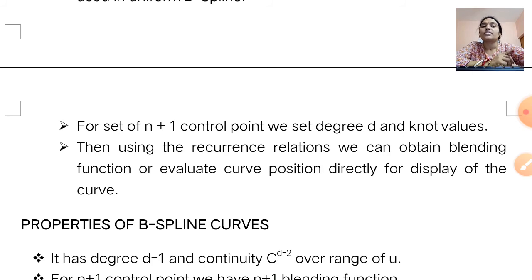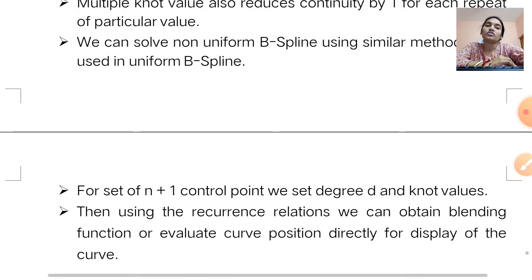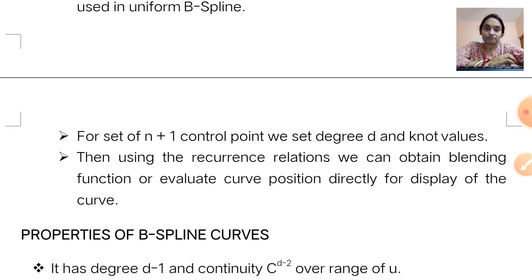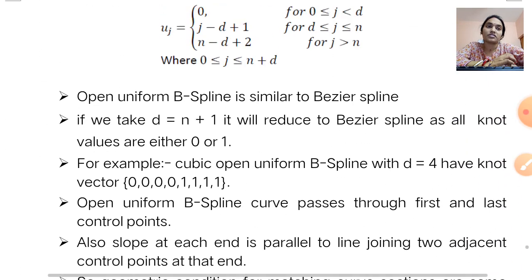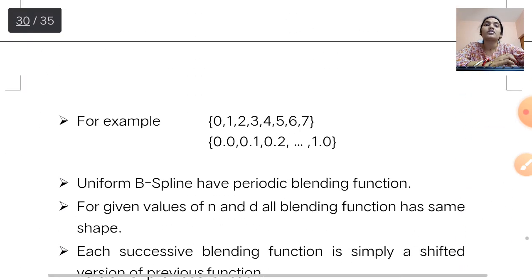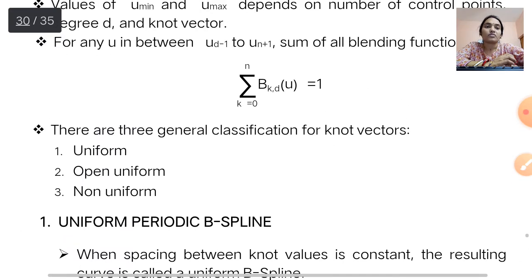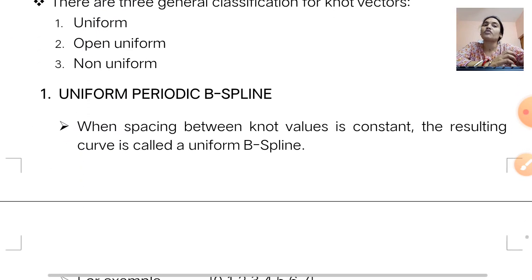Then using the recurrence relation, we can obtain the blending functions or evaluate curve positions directly to display the curve. So these are the three types of B-spline curves, or general classifications of B-spline curves, by knot vectors.